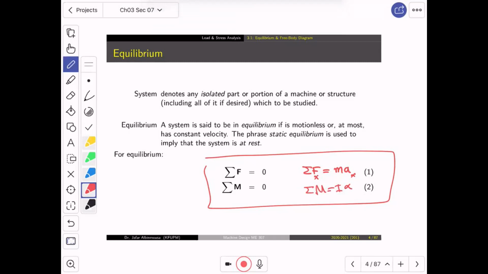So let me tell you this. First of all, most of the time when we design, the majority of machines are operating under an acceleration which is not too high to cause inertial effects. Do you understand? But there are machines which rotate at very high speed. And when they rotate at very high speed, we all know that there are centrifugal forces, like in a turbine, the shaft of a turbine has blades mounted on it.